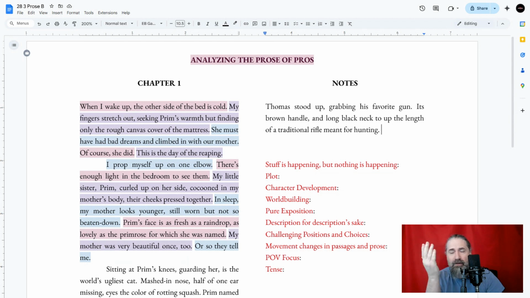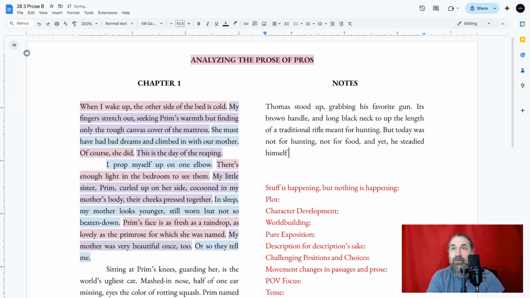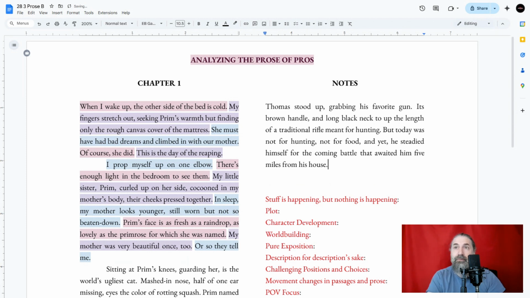Now we have to describe hunting. Or what does that mean? Why do we bring that up? Well, today was not for hunting, not for food. And yet, he steadied himself for the coming battle that awaited him 5 miles from his house.